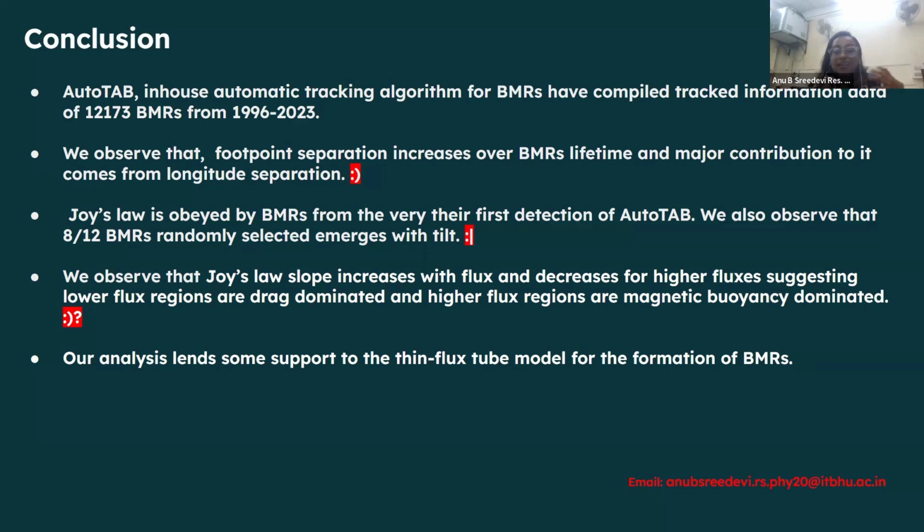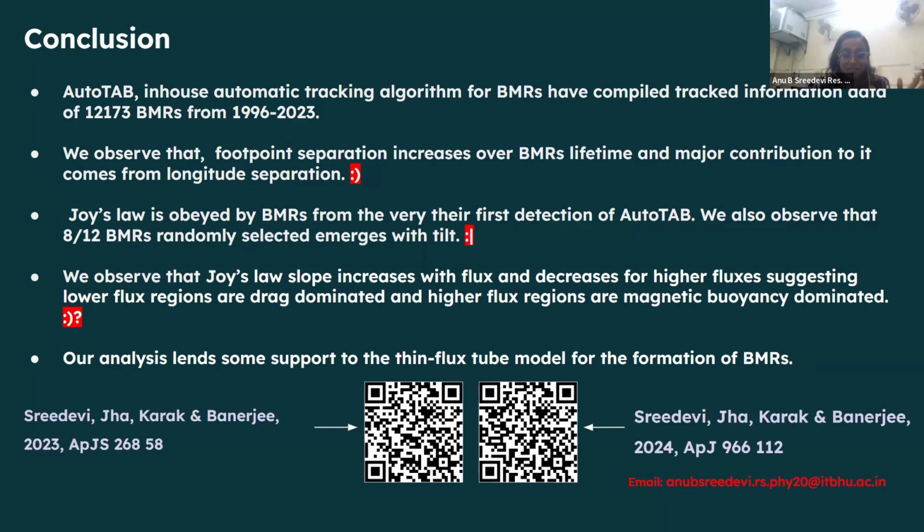So all in all, our analysis lends some support to the thin flux tube model, but a rigorous analysis is still due. The details of the algorithm are published in this paper in ApJS in 2023, and in early 2024 we also published the second part, the results which I presented. One can check out these papers and of course write to me. And this is my conclusion.